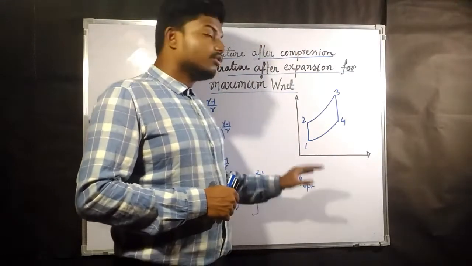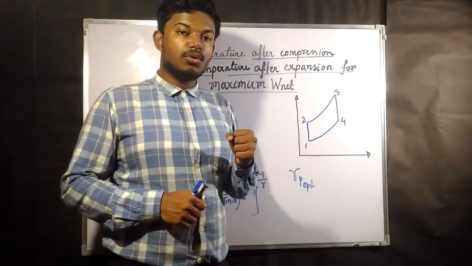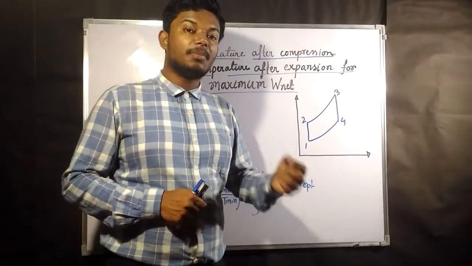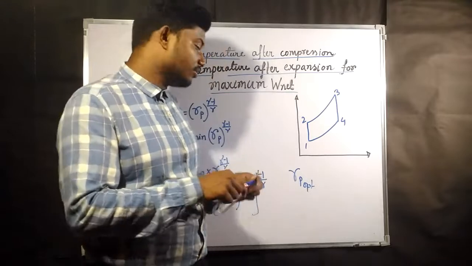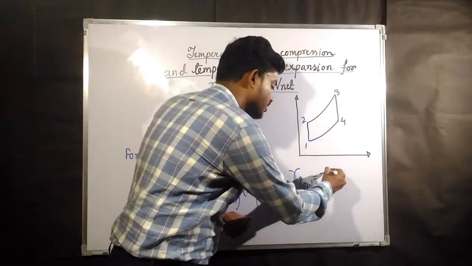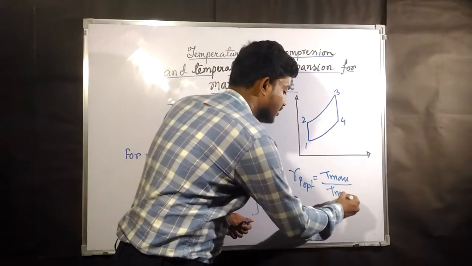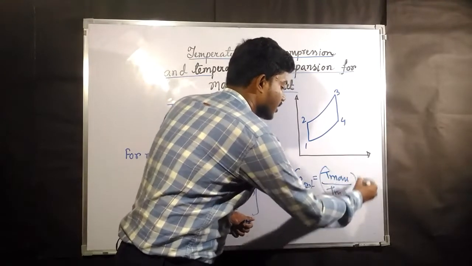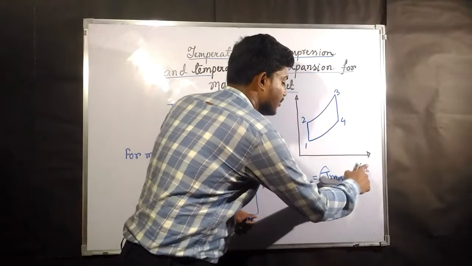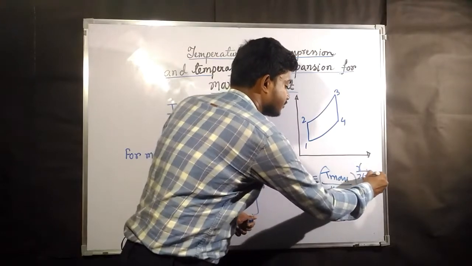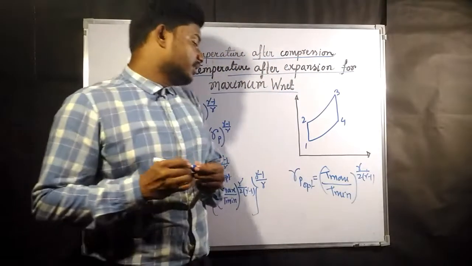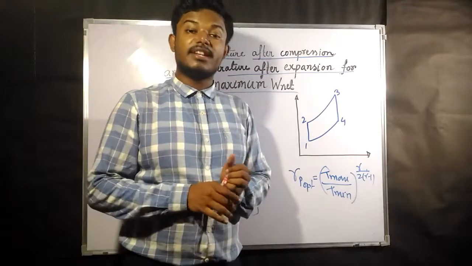So to get the maximum work output, the optimum pressure ratio we found in terms of maximum and minimum temperature was (T max by T min) to the power gamma by 2 into (gamma minus 1). This was the optimum condition of pressure ratio.